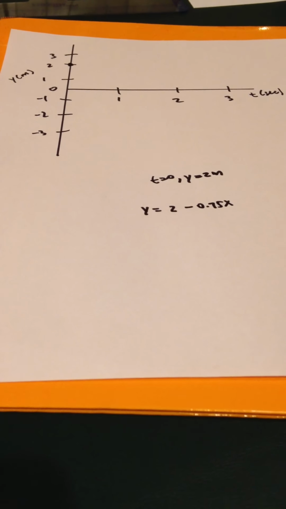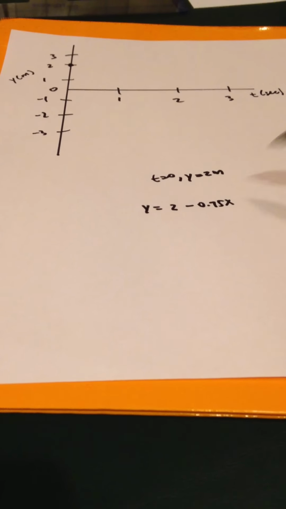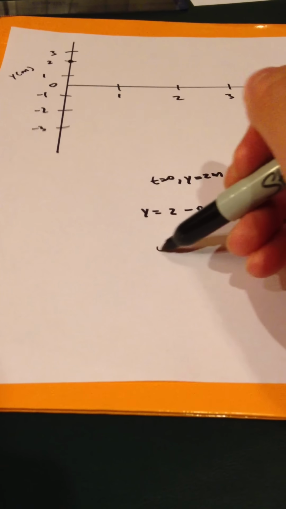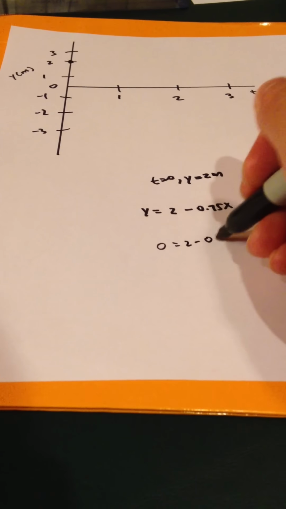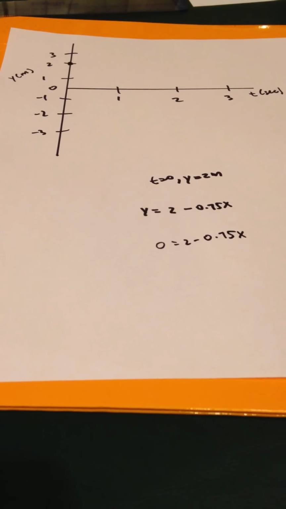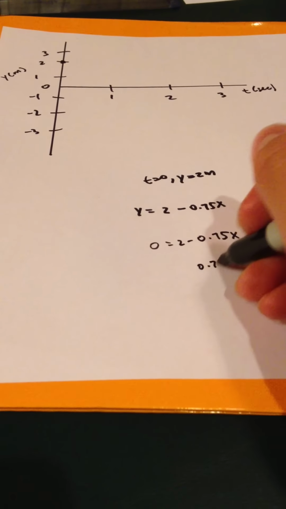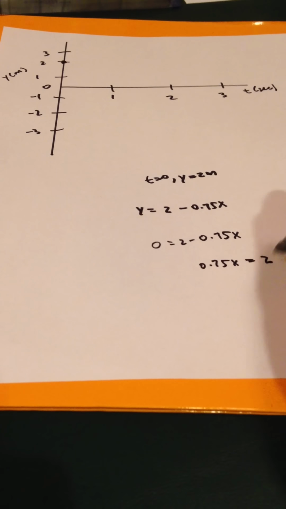In order to find the x-intercept of this equation, we set y equal to 0. So we have 0 equals 2 minus 0.75x, and with that, 0.75x equals 2.